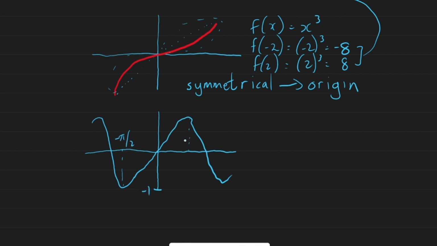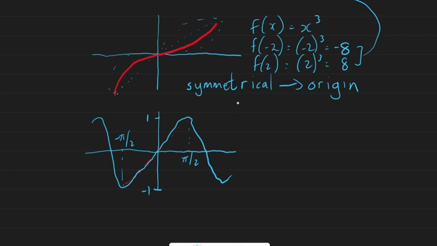And here we have pi over 2, and that's 1. So sine of 90 degrees or pi over 2 radians is 1, and sine of minus pi over 2 is minus 1. You can see that we can draw our dotted line diagonal, and if we put our mirror on the diagonal, we can see that it's symmetrical about there. So those two peaks are symmetrical about the origin. That's why it's an odd function.